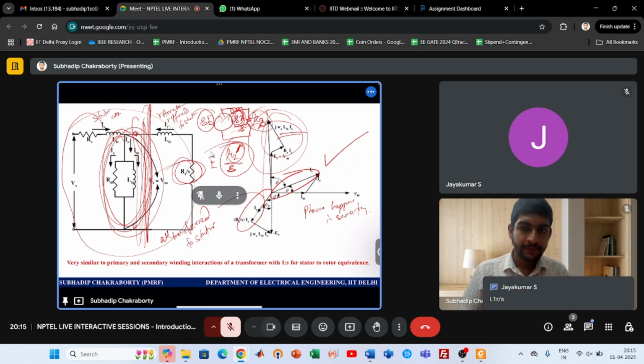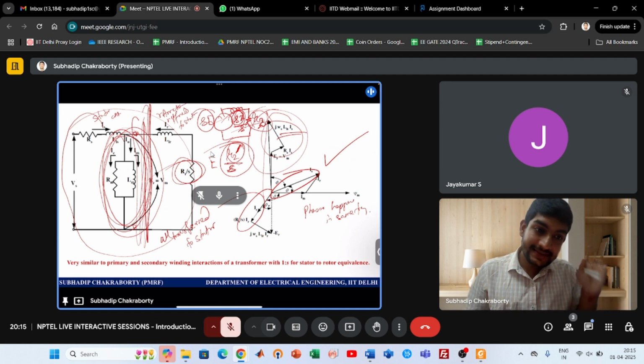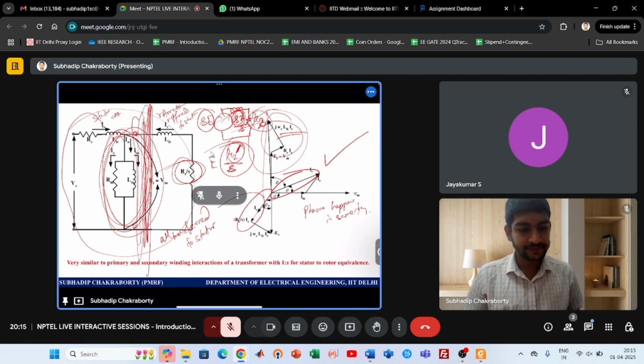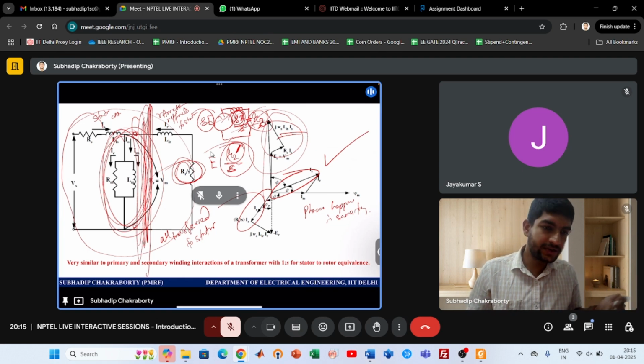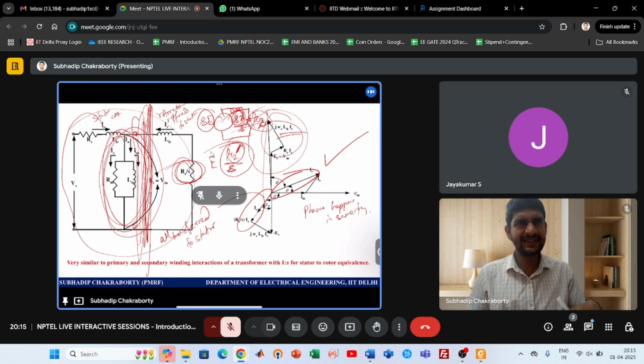It will be given, but if it is not given, 1 by turn square and then 1 by S. 1 by S is coming for a different reason. Please understand, it is because of the coupling of the stator and rotor. And then turn square to bring it from rotor side to stator. If it is a 1:1 turns ratio, no issue.